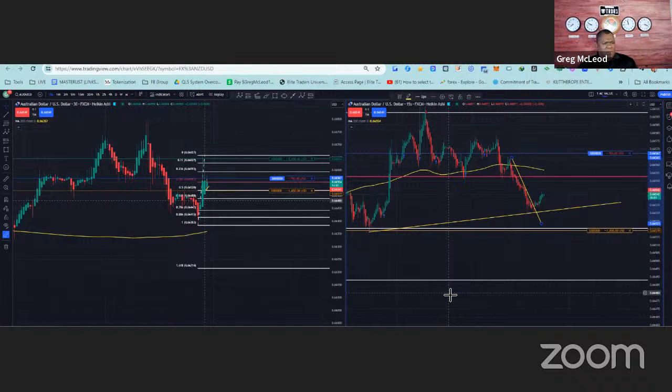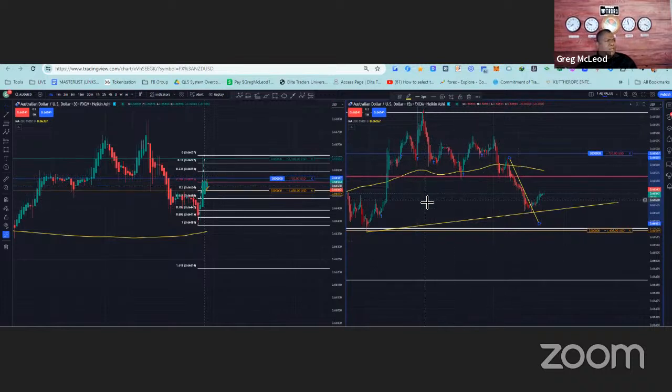66.53 held. And it looks like we are getting a nice turn from that trend line break. So spot 66.54.